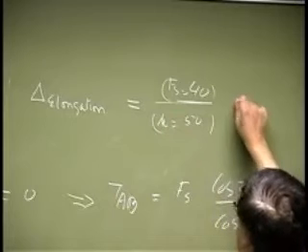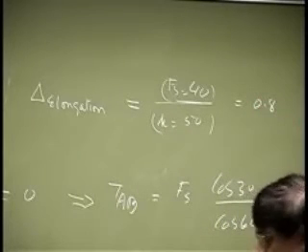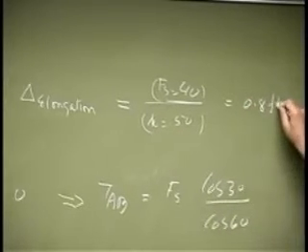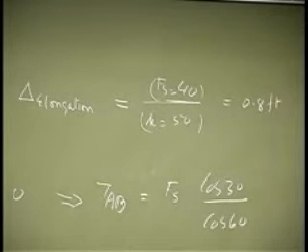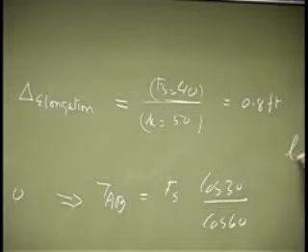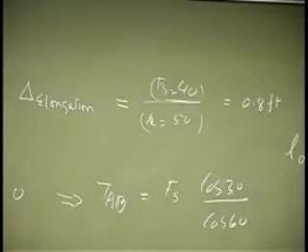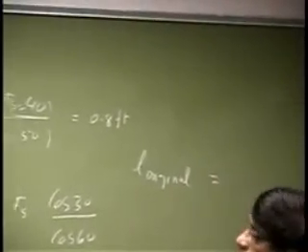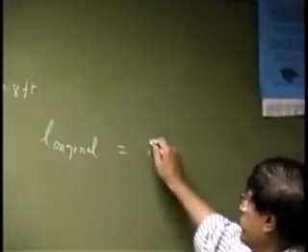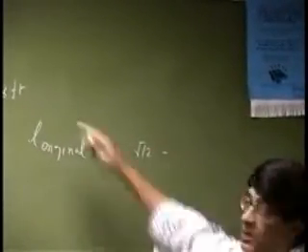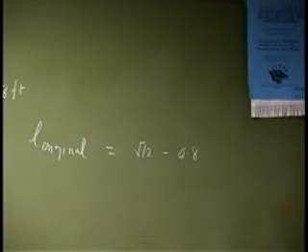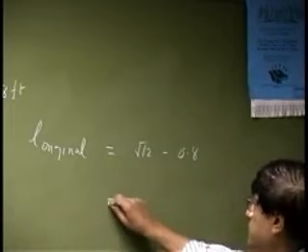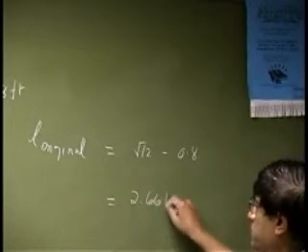So that comes out to be 0.8 feet. So your original length, or the unstressed length, would be the new length, which is square root 12, minus this, which is 0.8. And that should come out to be 2.66 feet.